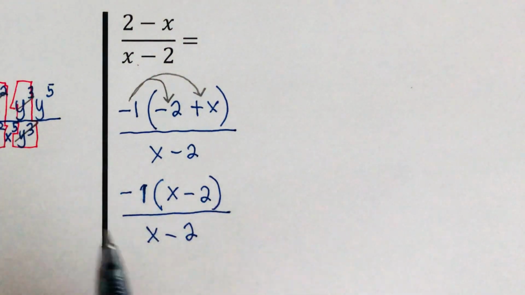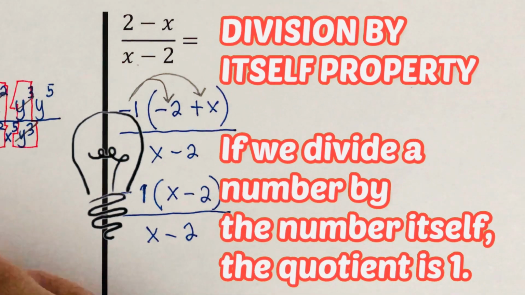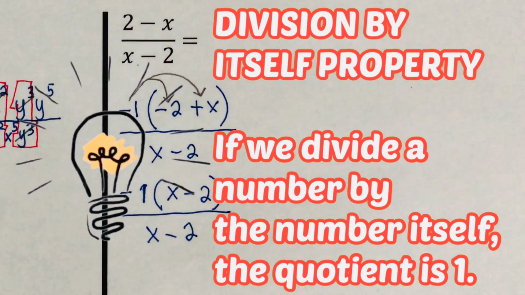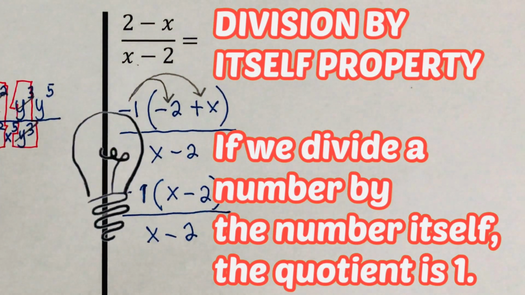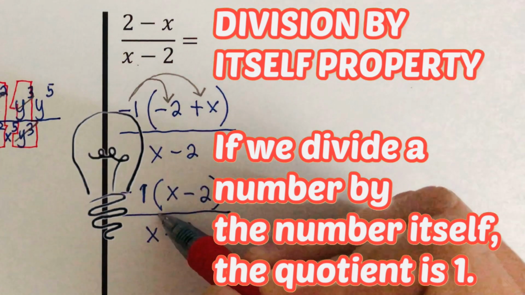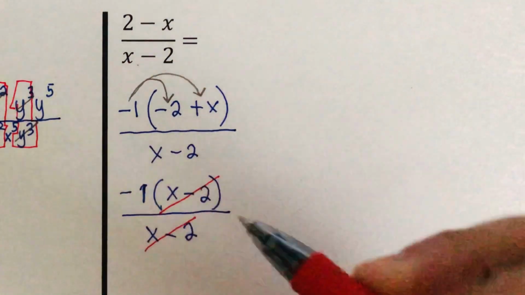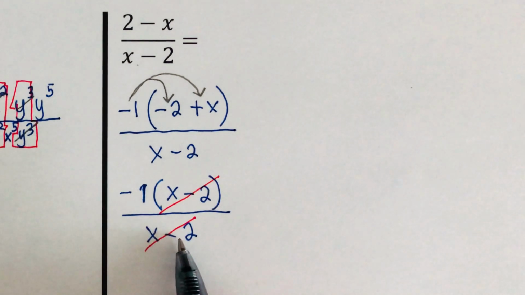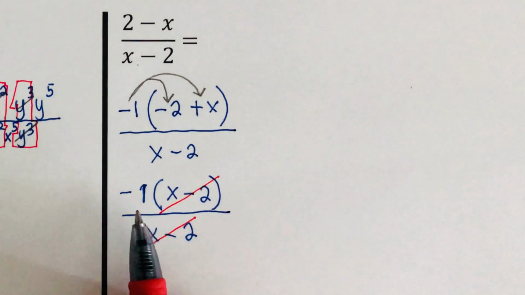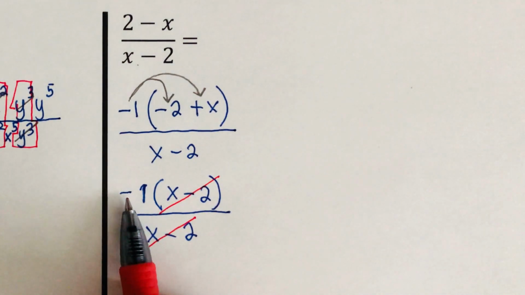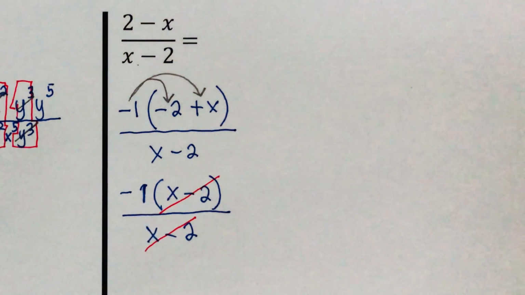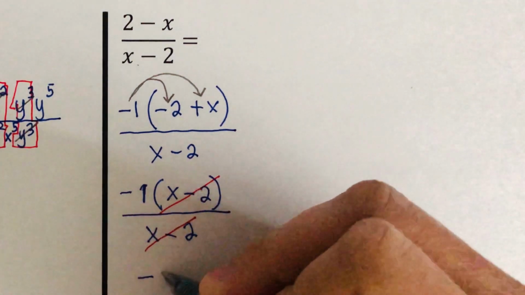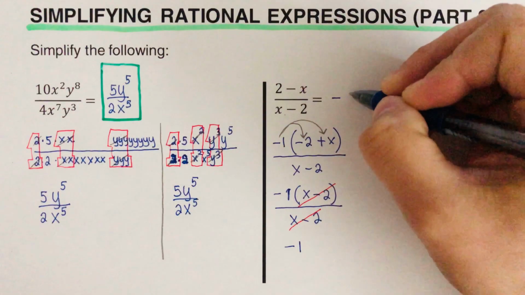So we can go ahead and use the division by itself property, that if we divide a number by itself, the quotient is 1. So we can cross this out. Now again, remember, once we cross out, it is actually 1. So then we can go ahead and say that the answer is -1 times 1, which is actually -1. So the final answer for this is -1.